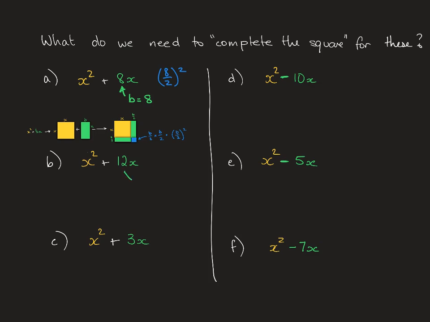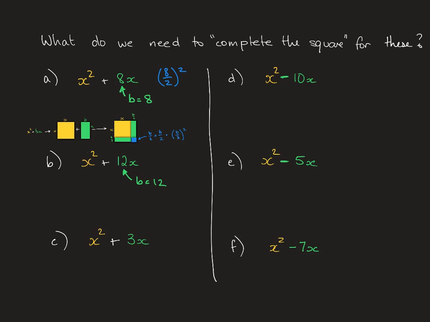In the second one, our b is 12. So using the same idea, to complete the square, we need to add in this little blue bit, and the little blue bit is b on 2 squared.